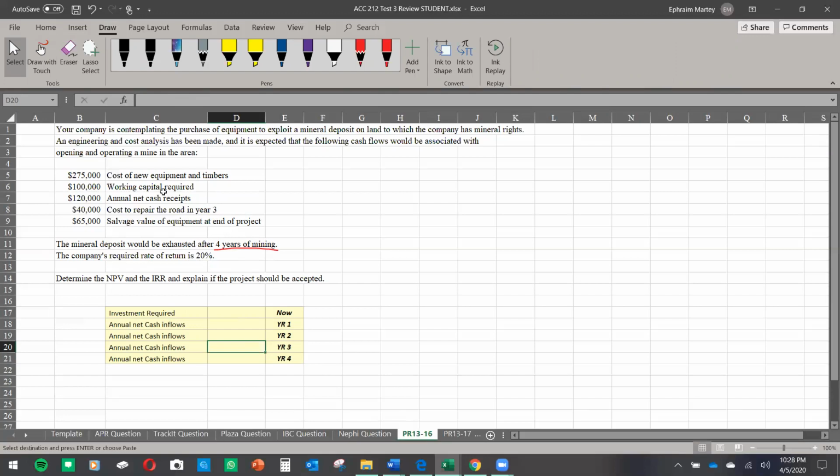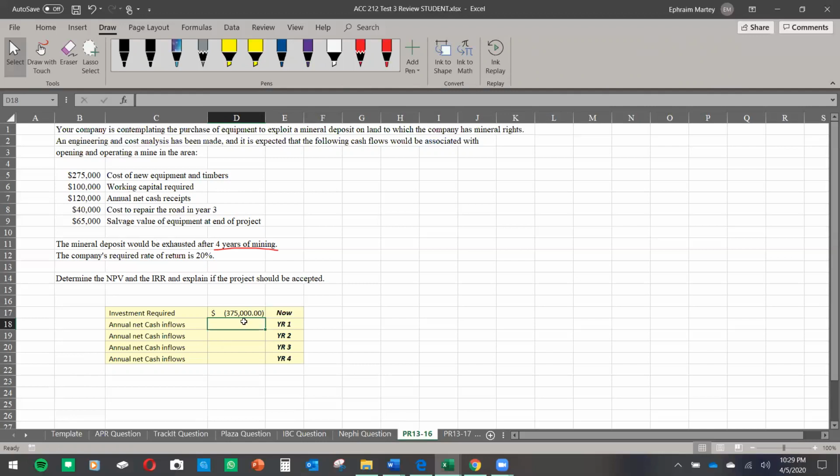The cost of new equipment and timbers will be 275,000. So to invest in this, we will need to spend 275,000. But that is not all. We have a working capital. So we spend 275,000 on equipment and then 100,000 on working capital, so minus 100,000.